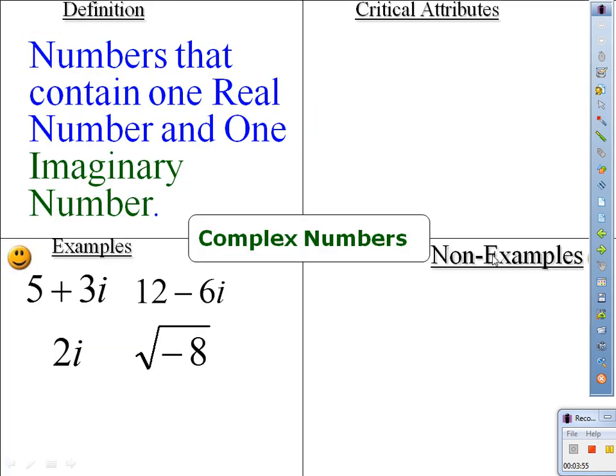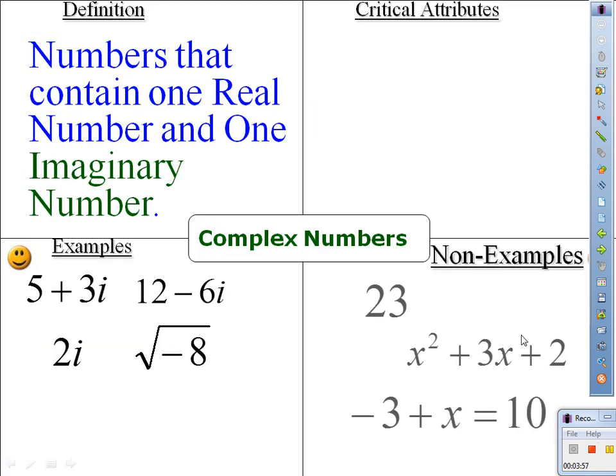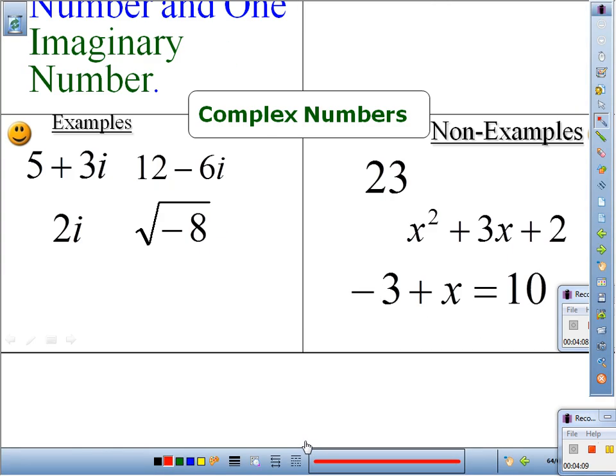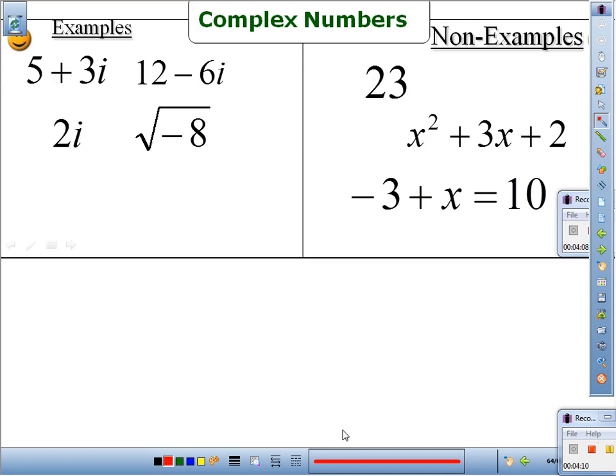All right, here we go. Non-examples. Copy these. 23, Michael Jordan. X squared plus 3x plus 2. Negative 3 plus x equals 10. As you're copying those, tell your neighbor why those are not complex numbers. Alright, let's see.